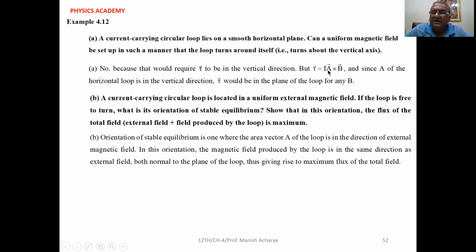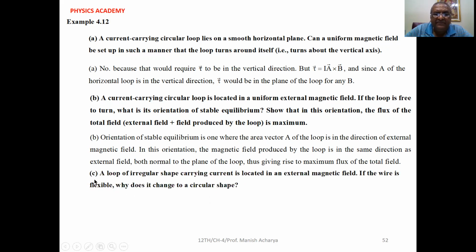So IAB sine theta, so angle theta is 0 between A and B. Suppose this is the coil, its area vector is like this, and the field is also in the direction of the area vector. It implies that the plane of the coil is perpendicular to the field, and the field of the coil itself is along the axis. So maximum flux will pass through this one.